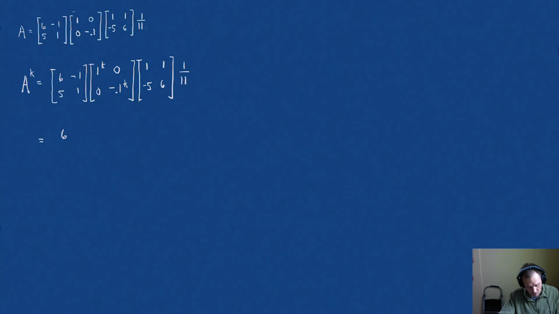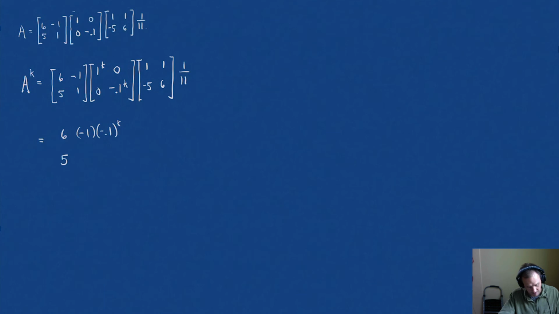And then again, row 1 times column 2, this is going to be a 0, and then we're going to have a minus 1 times negative 0.1 to the k. And then we're going to multiply again, row 2 times column 1. So this is going to be 5 times 1 plus 0, so this is going to be 5.